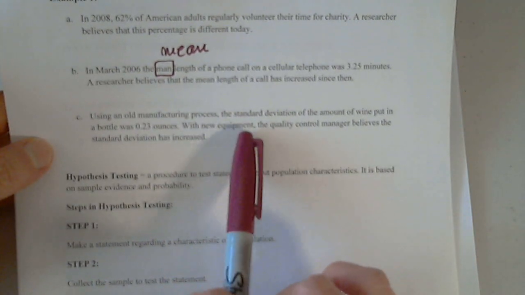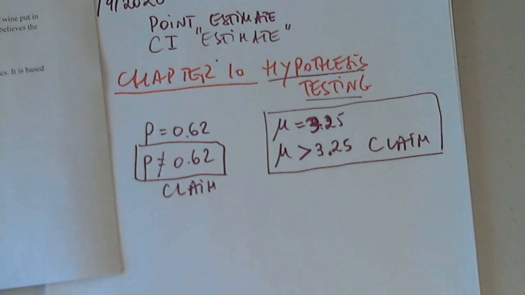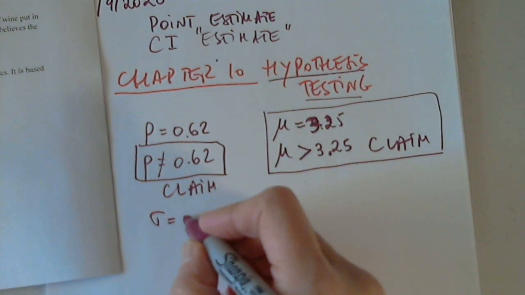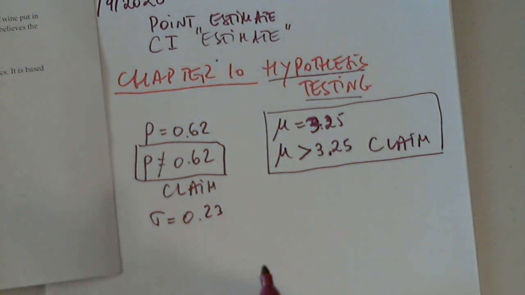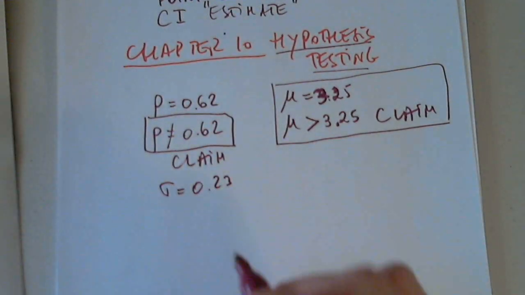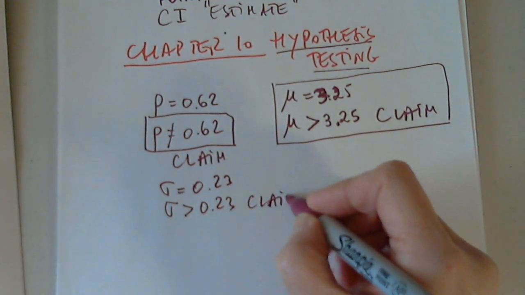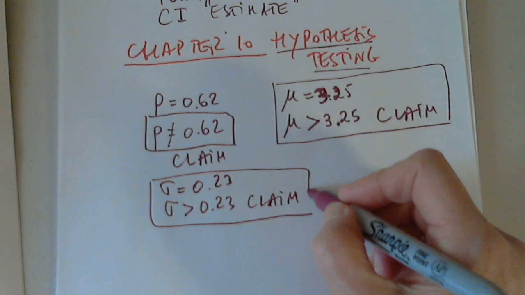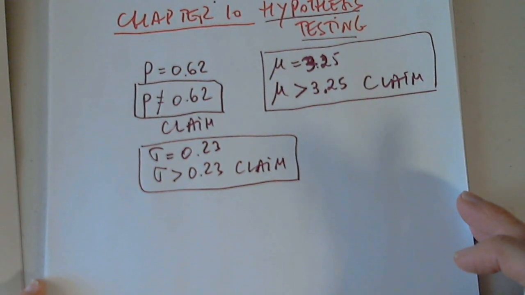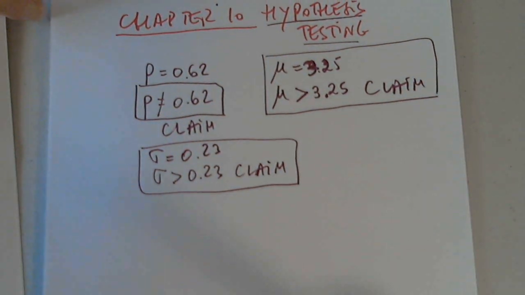Okay, here's another example. Using an old manufacturing process, the standard deviation of the amount of wine put in a bottle was sigma, 0.23 ounces. With new equipment, the quality control manager believes that the standard deviation has increased. This is the claim, and this is what we want to test. He comes up with a claim, and now we have to say, okay, show me. And we'll see with the steps in a moment. See the difference?